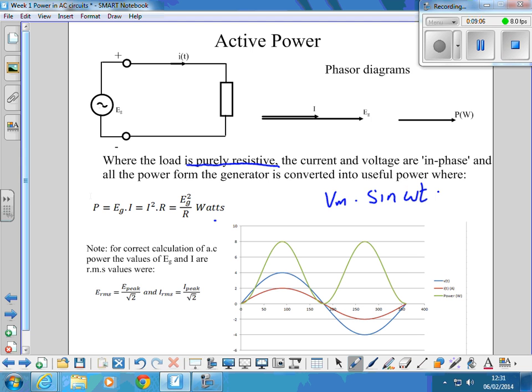Power is calculated from the effective or RMS values of those voltages and currents. To get the RMS value of voltage, you take the peak value and divide by √2.